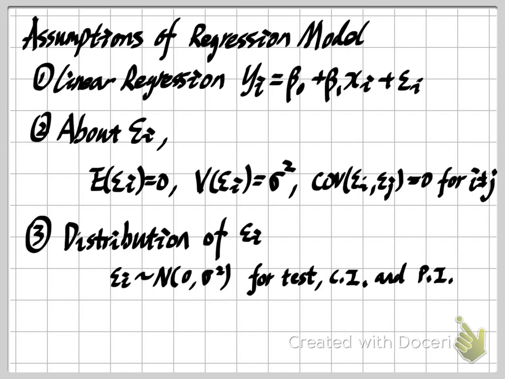That means the residual also follows a normal distribution with mean equal to 0 and a constant variance. And for different i, we want the residuals to be uncorrelated.